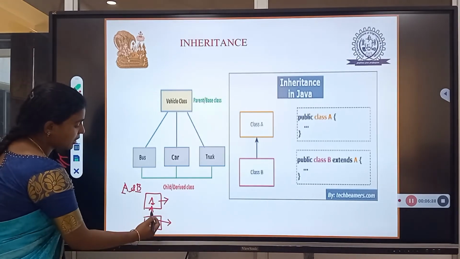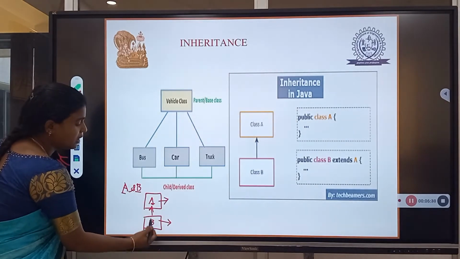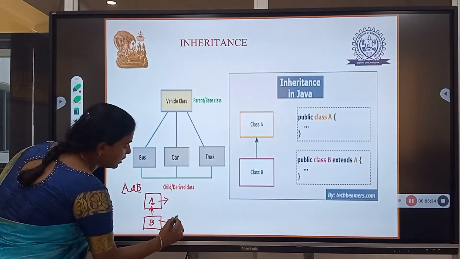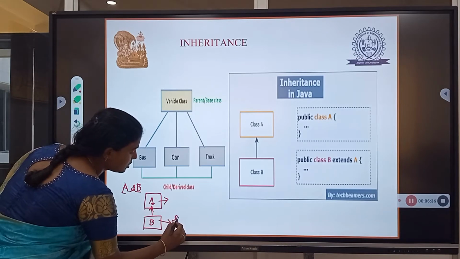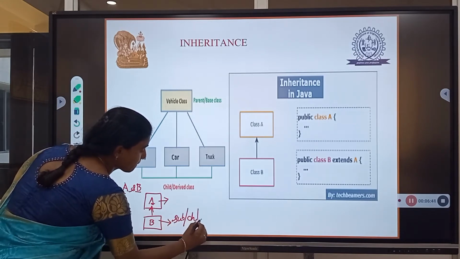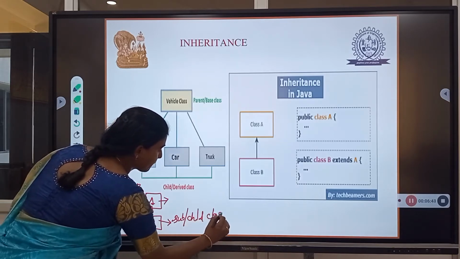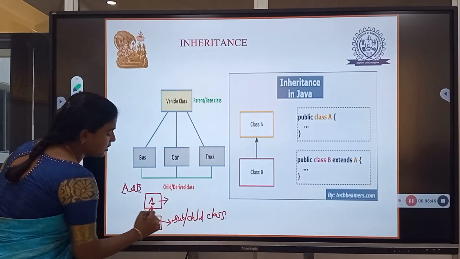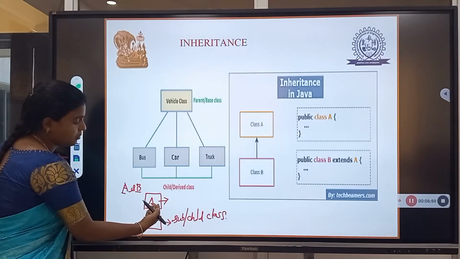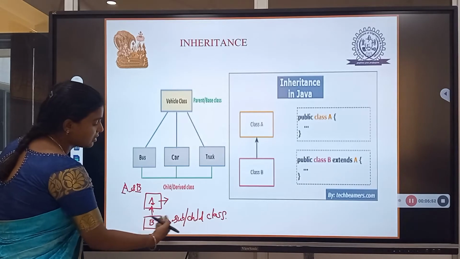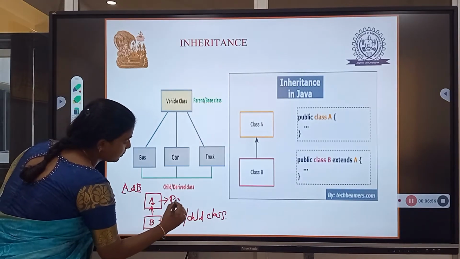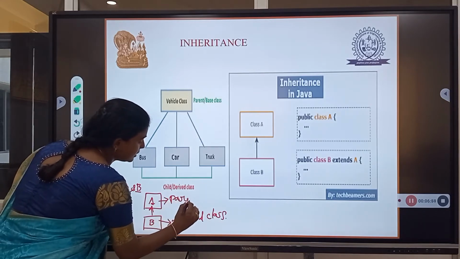See, I am deriving a new class B from the old class A. The derived class is called a subclass or child class. Which is the parent class? Class A.